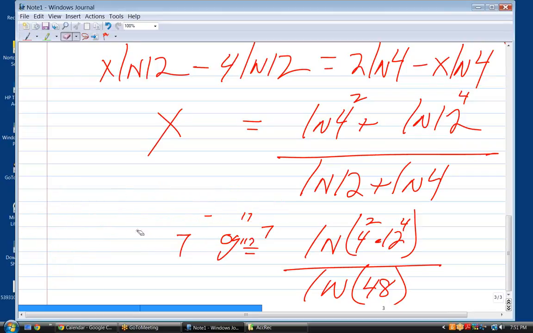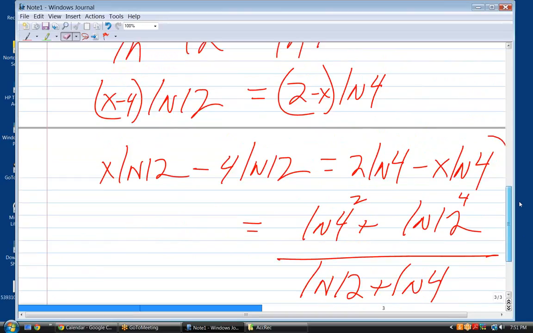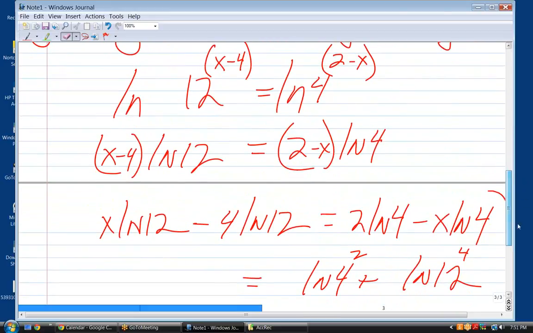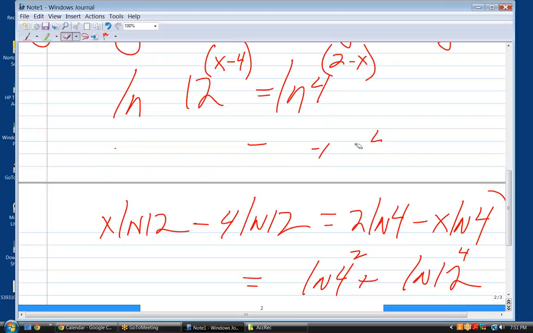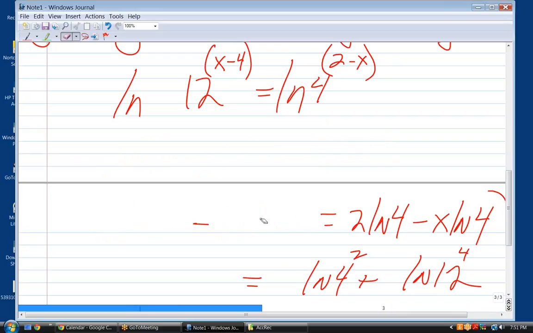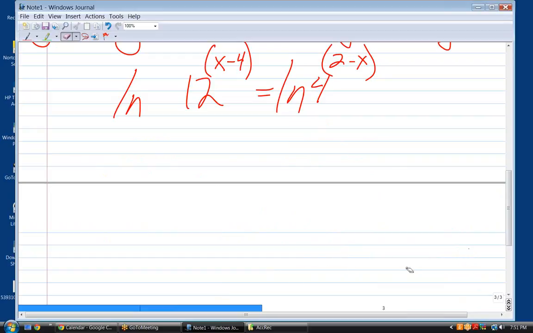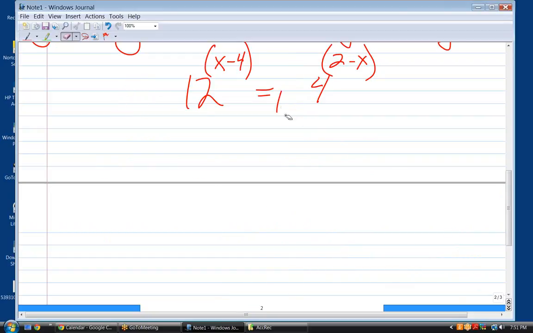There would be a tendency to want to solve this by taking the log base 12. In other words, if I start up here and I say, well, wow, I can simplify the left side really quickly by taking log base 12 instead of natural log.